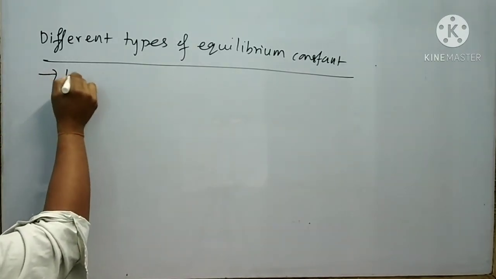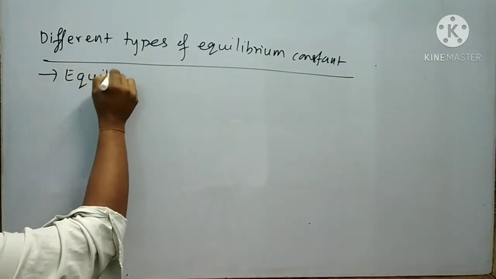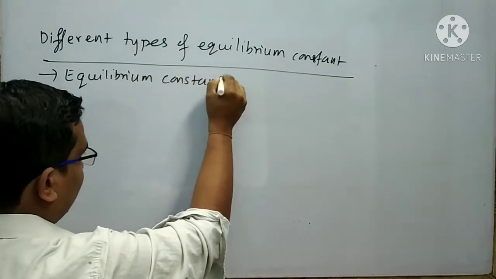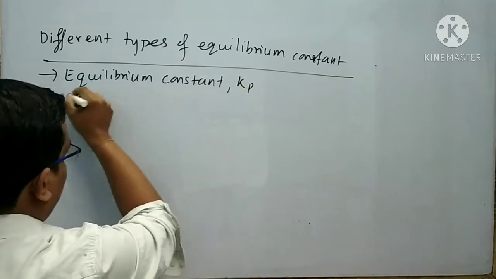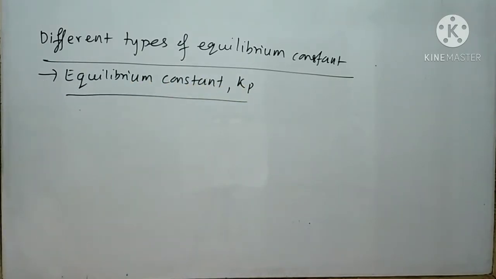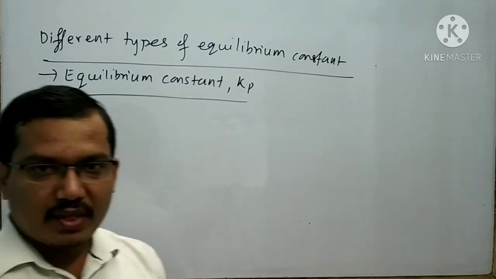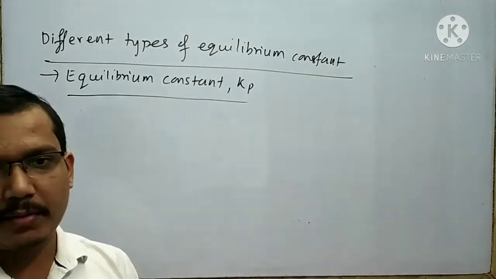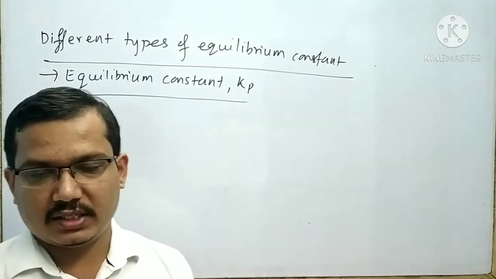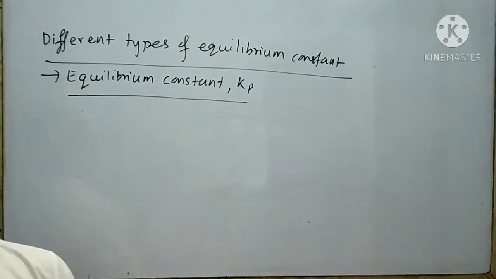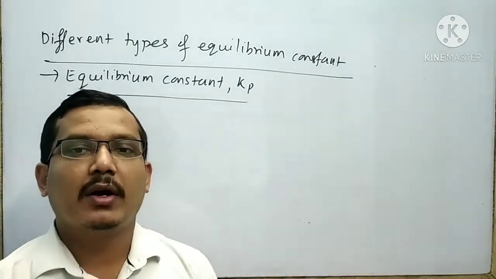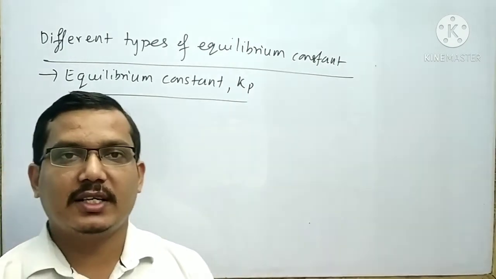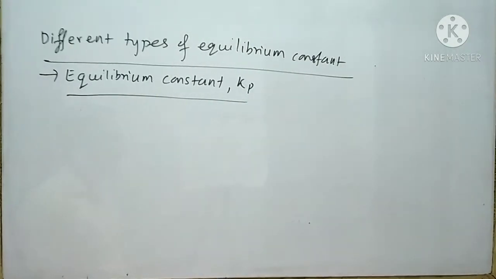Next I want to explain the equilibrium constant Kp. What is the meaning of equilibrium constant Kp? If the concentrations of the reactant and product species at the state of equilibrium are taken in terms of partial pressure, then the equilibrium constant is expressed as Kp.